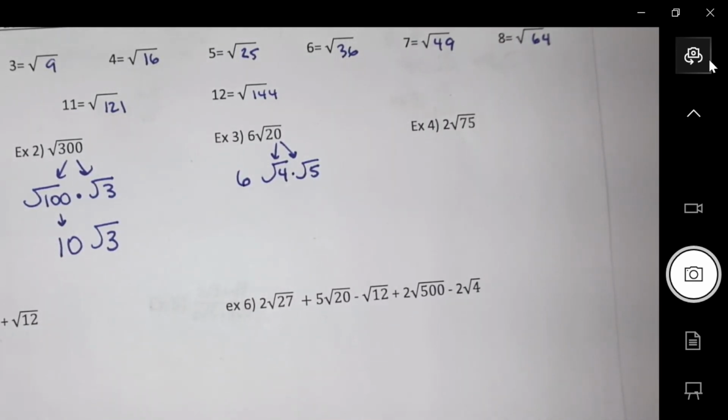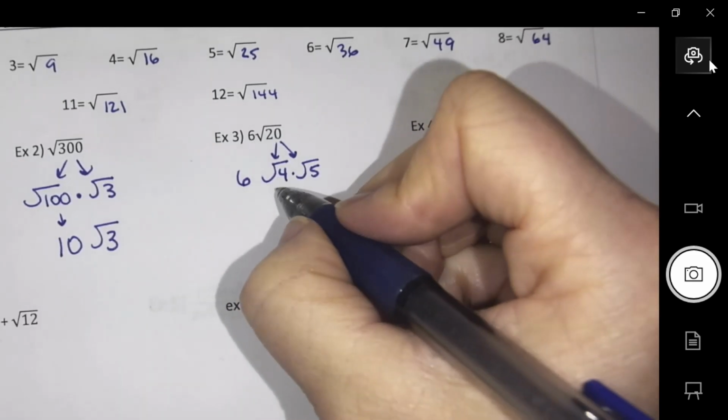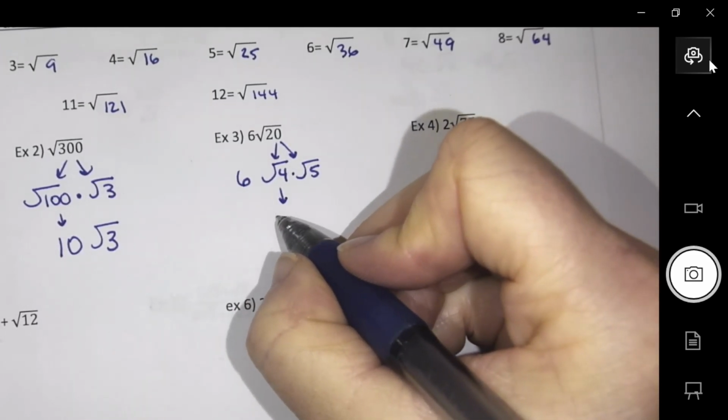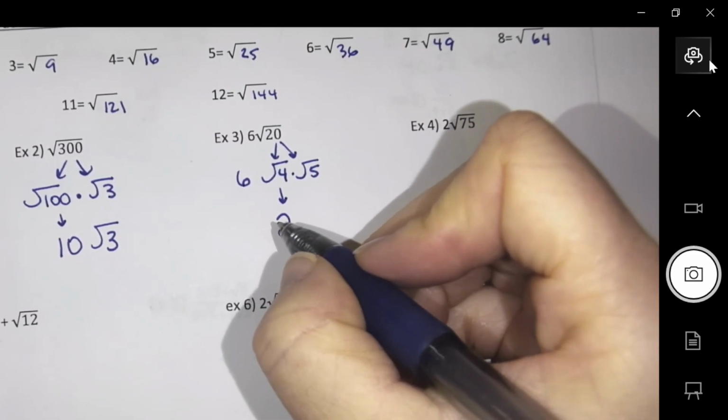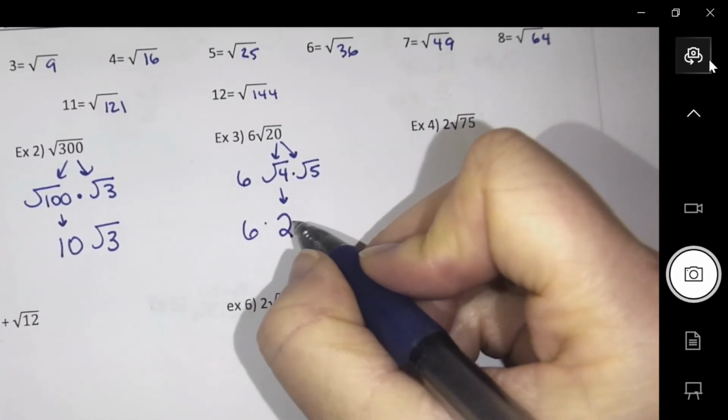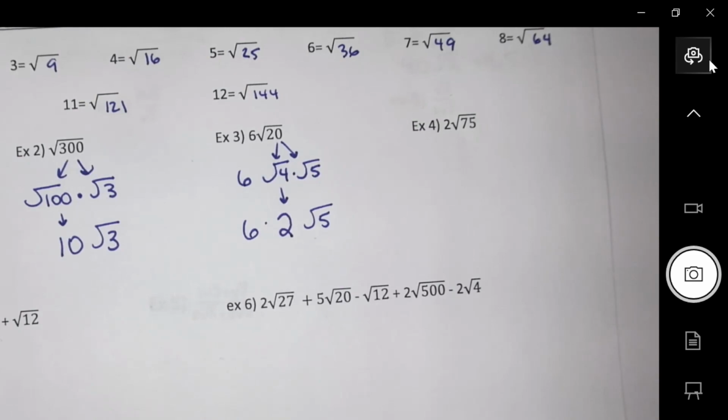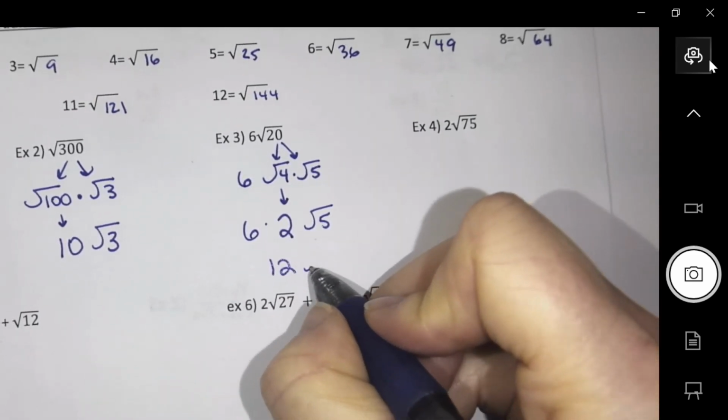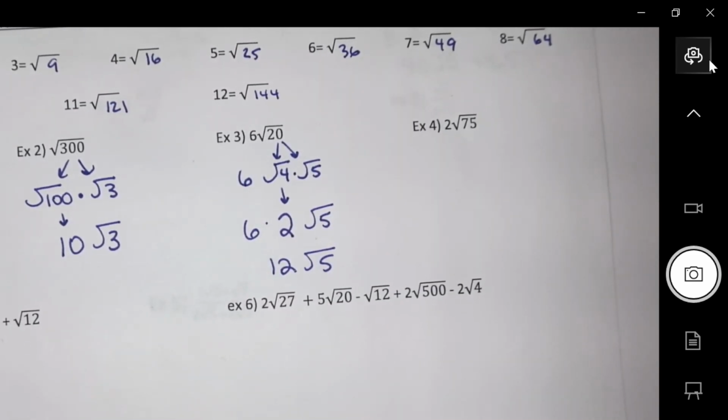It needs to come along for the ride. Then what am I going to do? I'm going to change the root 4 into a whole number 2. And then the whole number becomes 12. So I really want you to break them down into compartments. Whole number compartment, radical compartment, right? They're separate things in this.